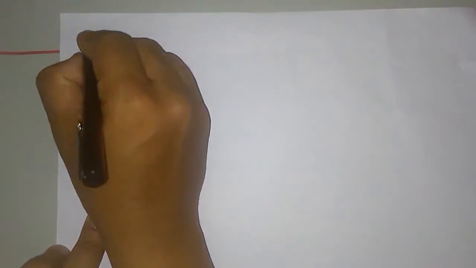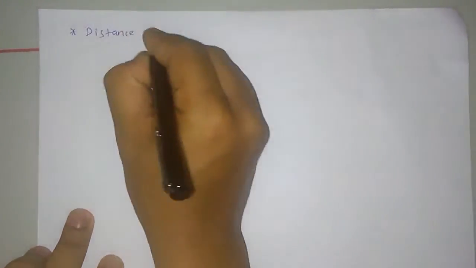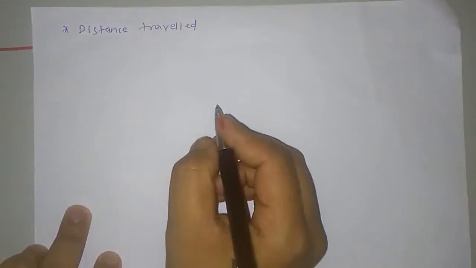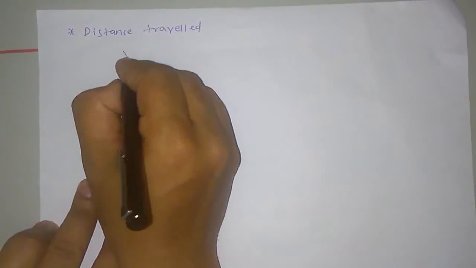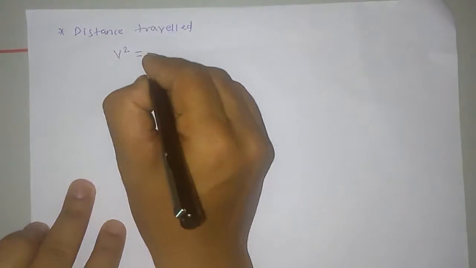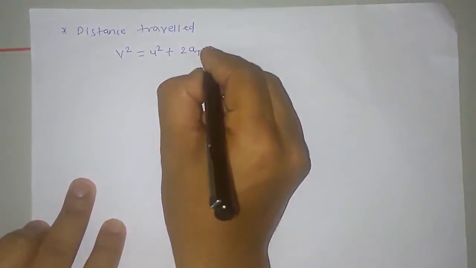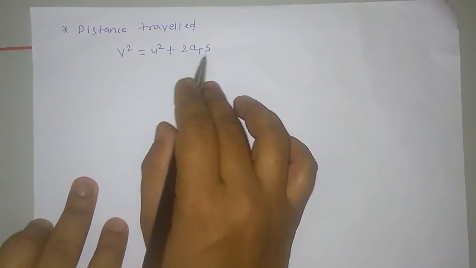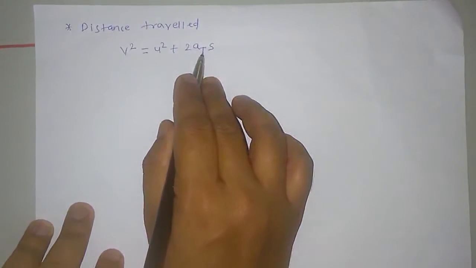So according to the question, first thing we need to find is the distance traveled. So use the kinematic equation. We have the kinematic equation, V square is equal to U square plus 2AS. So we need to use here A as tangential acceleration, that is AT.